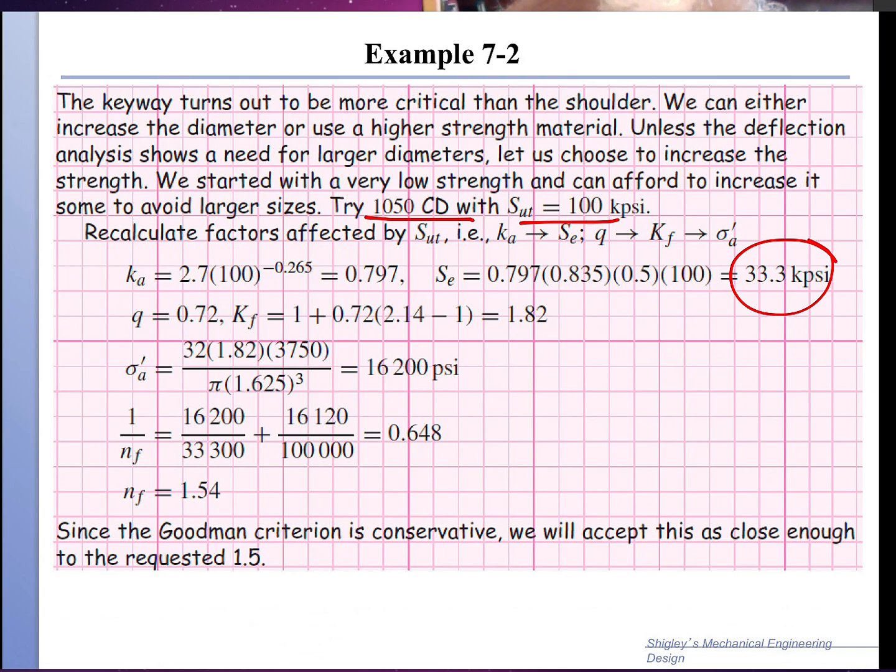And then you go through the same design process for the things that need to be changed, which is the alternating stress only. Then you find that the fatigue design factor of safety is improved and it's 1.54. Therefore, we don't need to do any more.